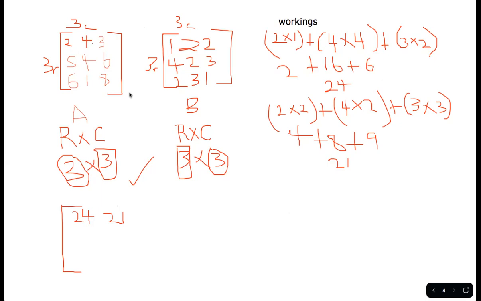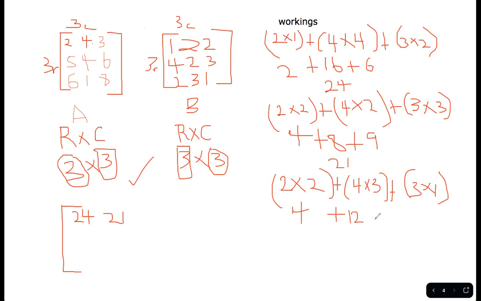So the same thing again. 2 times 2 plus 4 times 3 plus 3 times 1. 2 times 2 is 4. 4 times 3 is 12.